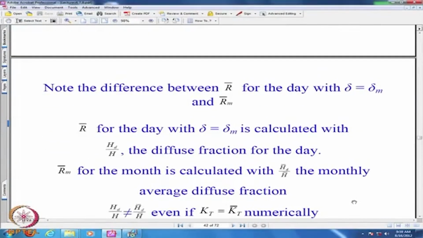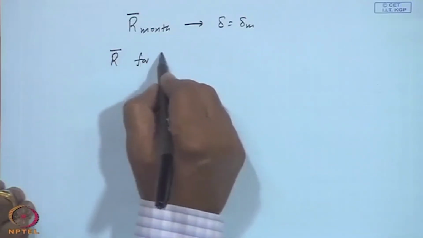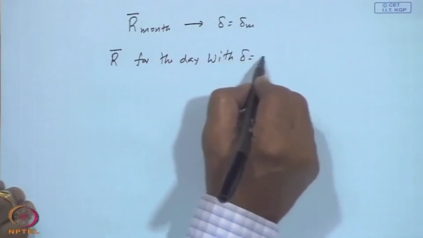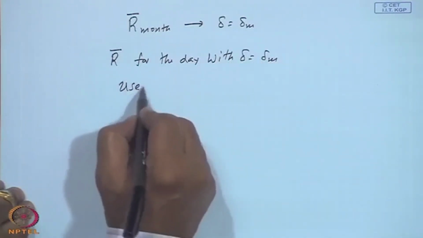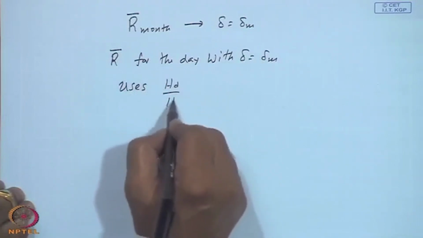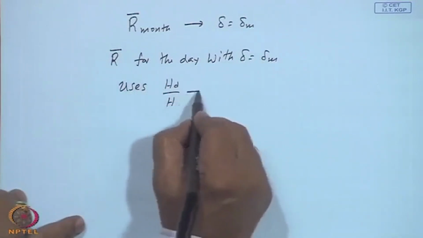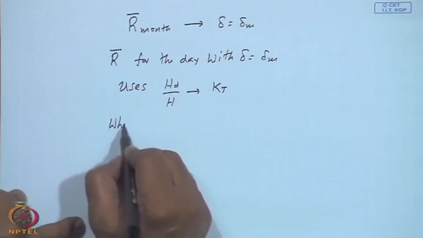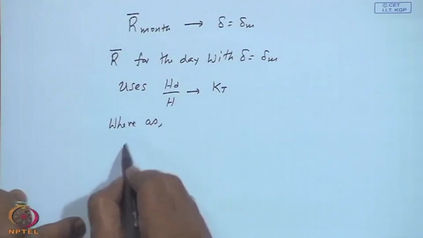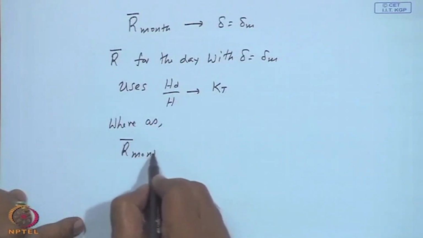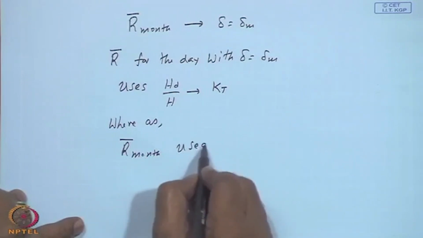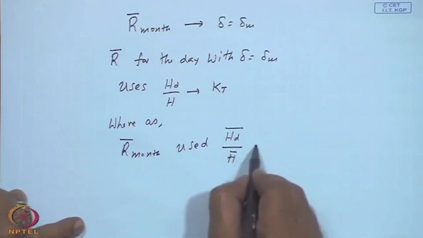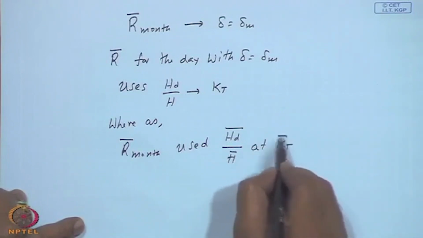The difference is, R bar for the day with delta is equal to delta m uses H_d by H, that is the daily diffuse fraction corresponding to daily clearness index k_T, whereas R bar month uses H_d bar by H bar at k_T bar.